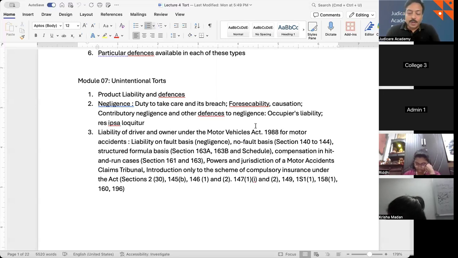So the section says, section 140, subsection 1: where death or permanent disability of any person has resulted from an accident arising out of the use of a motor vehicle or motor vehicles, the owner of the vehicle shall, or as the case may be, the owners of the vehicle shall jointly and severally be liable to pay compensation in respect of such death or disablement in accordance with the provisions of this section. So this section is about being jointly or severally responsible for the claim.